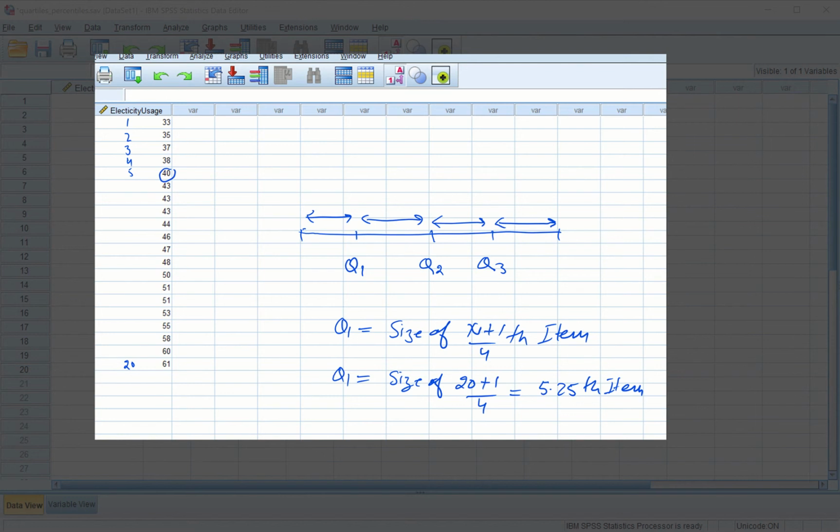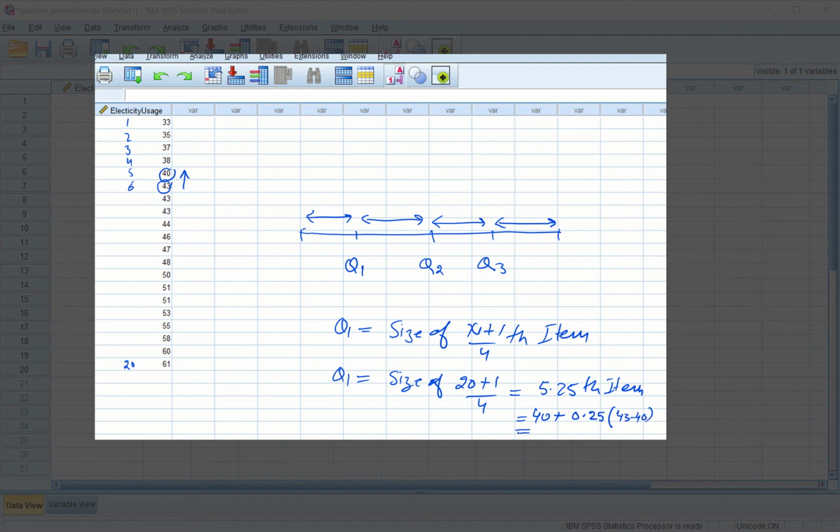So it would be the 5th item plus 0.25 of the difference between 5th item and 6th item, which is 43 minus 40.